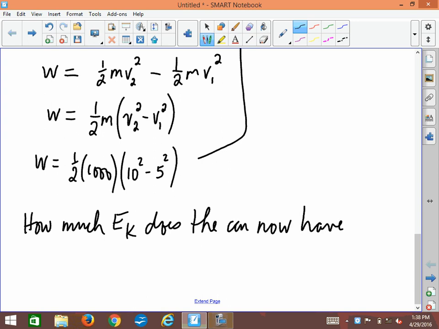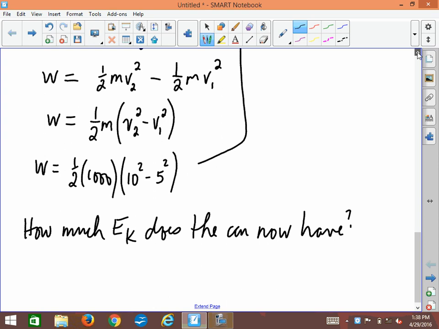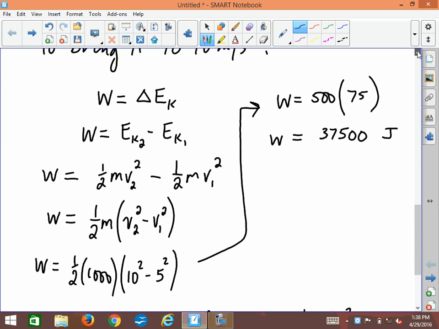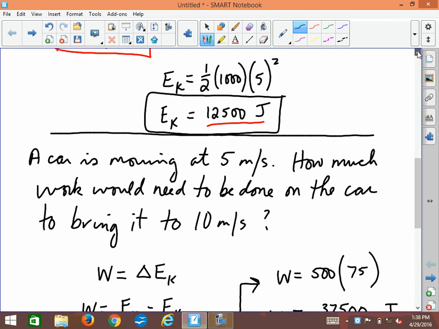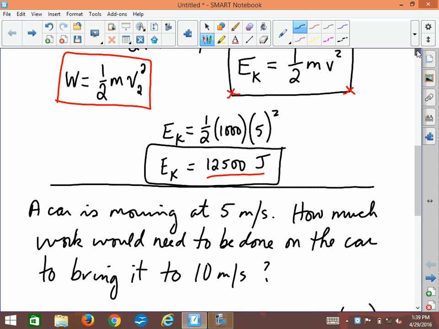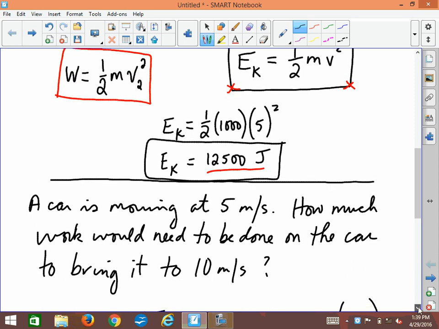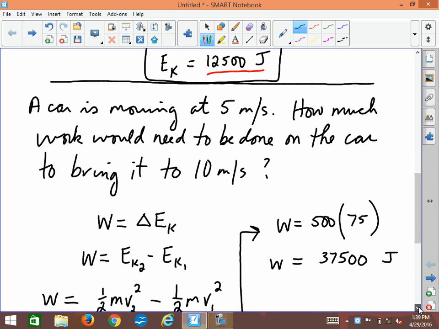Well, it started off with, if we go back to our numbers, 0, and we added 12,500 to get it to 5 meters per second.